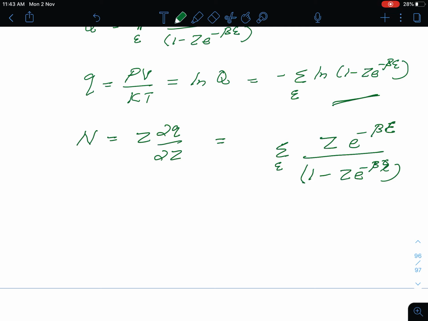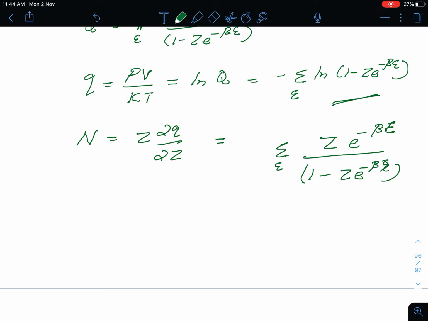So in that case we don't need to consider each and every energy state. It's very difficult in that case. So we can replace, even in the quantum mechanical sense, the summation by integration. But if we consider the integration, it's not that easy.